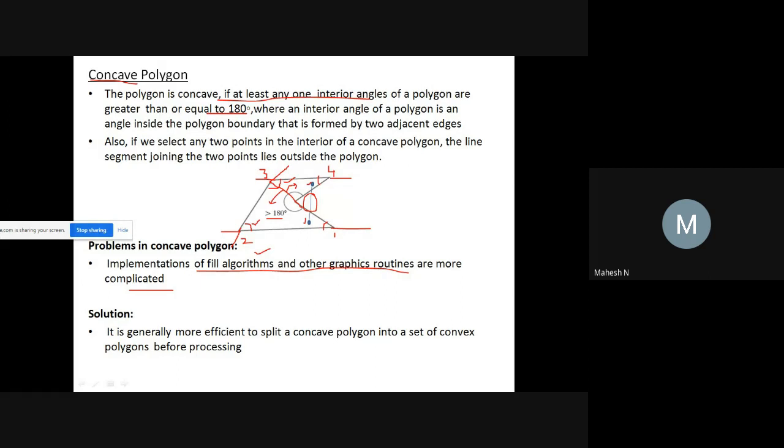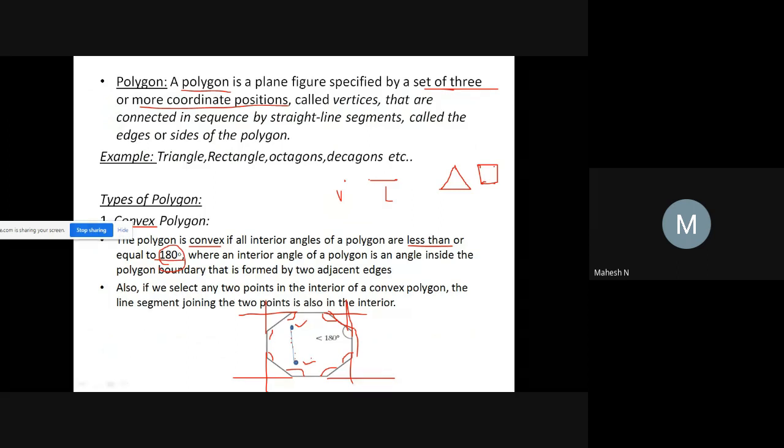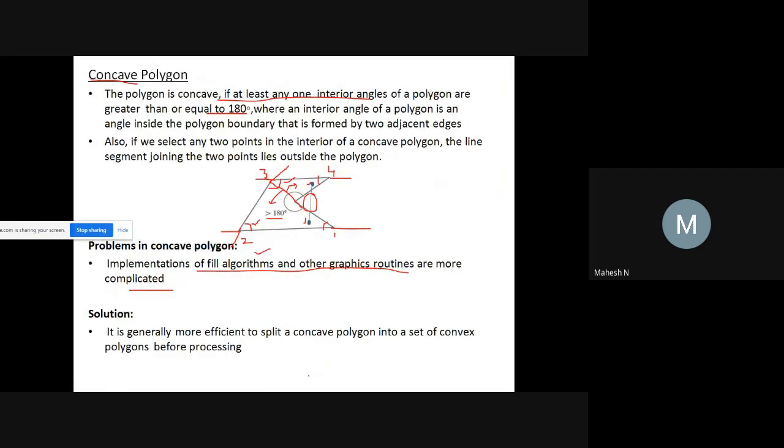So what is the solution? For a convex polygon, there is no problem. If I take any two vertices inside the polygon and draw the line, the complete line will be inside the polygon only, so I can fill the colors. That means the complete edge I can fill with the required color and go on filling. But in a concave polygon, as I cannot do that, the solution is that I should get convex polygons to fill the color clearly.